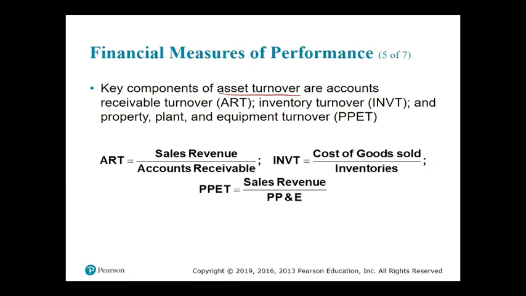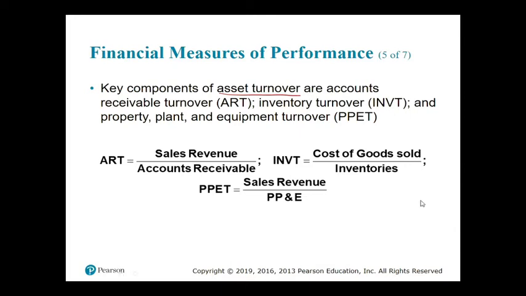So account receivable turnover is revenue divided by the money in account receivable. So basically, how quickly is the company able to collect money from its sales? And then the inventory turnover is how quickly the company is able to sell its inventory.